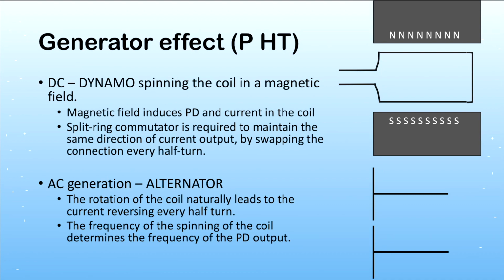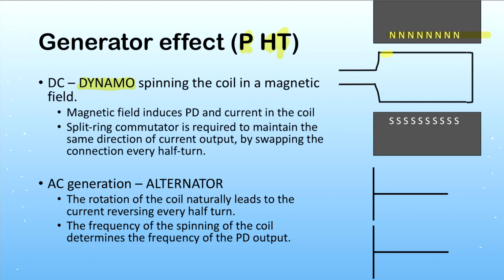So if we look at then how we can use the generator effect, we can look at actual generators, again a physics and higher tier skill only. We can look at generators as DC, so direct current, or AC as being alternating current. In DC, we're calling these types of generators a dynamo, and exactly the same as a motor, the exact same setup.